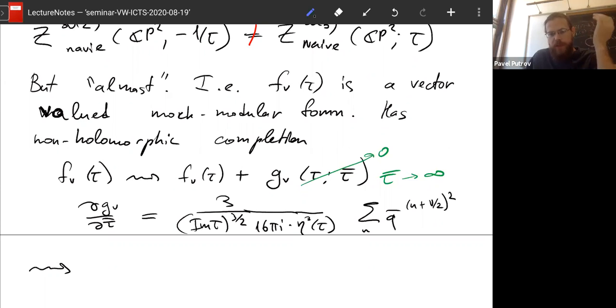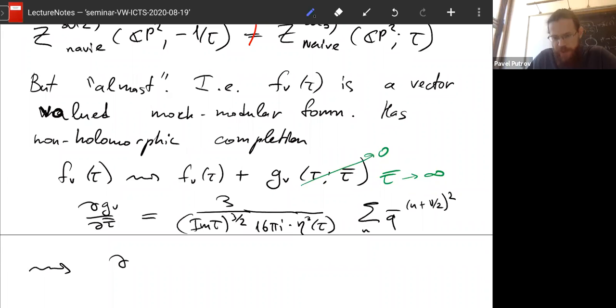But the property that it's modular is more fundamental, because we still expect the partition function to be modular in S-duality of the four-dimensional N=4 super Yang-Mills. So it's natural to assume that this completion, which makes it non-holomorphic but modular, is what gives the full physical partition function.